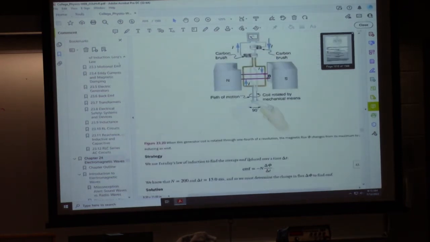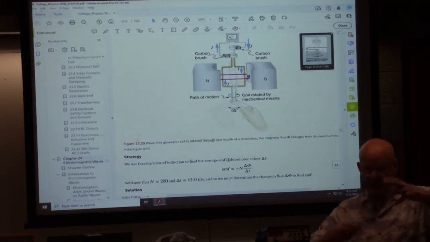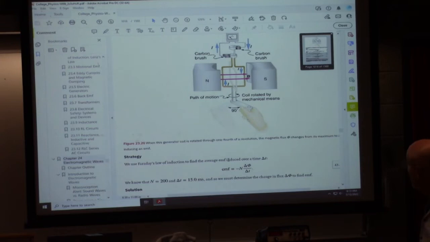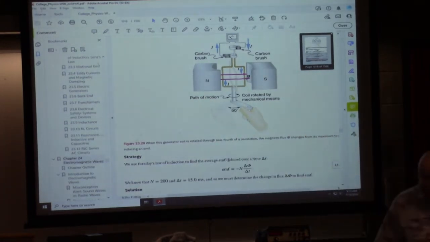I want to get down here to kind of an important piece of technology, and this is how do we make the electricity that we constantly plug our lights and our phones and our TVs and computers into. They use a very simple idea here of a generator. And so here we have a set of magnets, so North Pole and South Pole. And so that's what I have here.